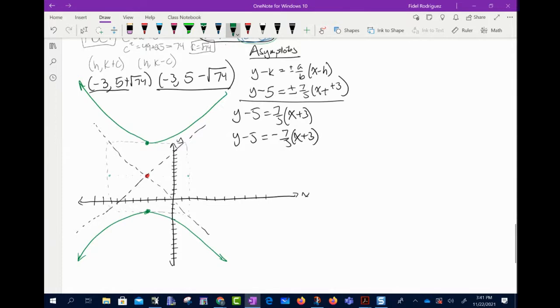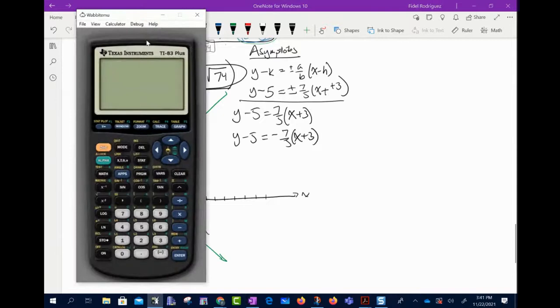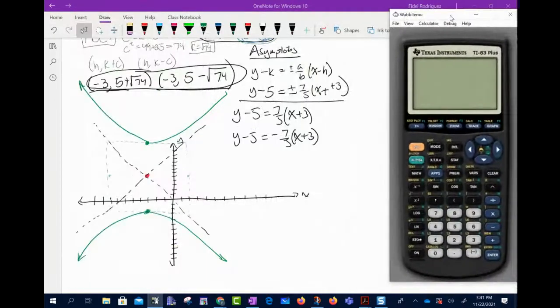And then I'm going to go ahead and plot my foci, y'all. So remember, my foci was right here. We found these numbers earlier. It just happened to be square roots. So I'm going to figure out what is 5 plus the square root of 74 and 5 minus the square root of 74. So 5 plus square root of 74 is 13.6.